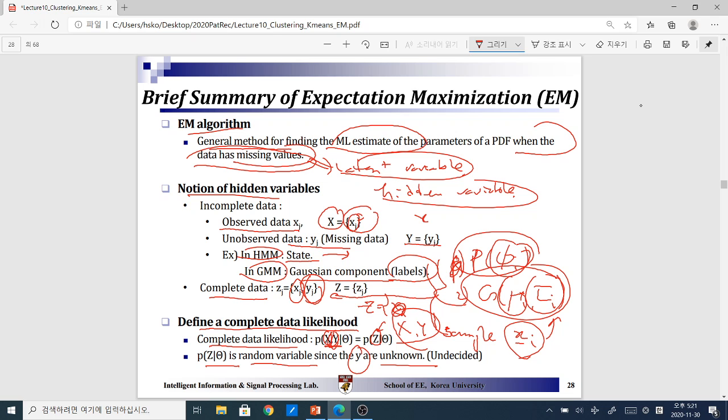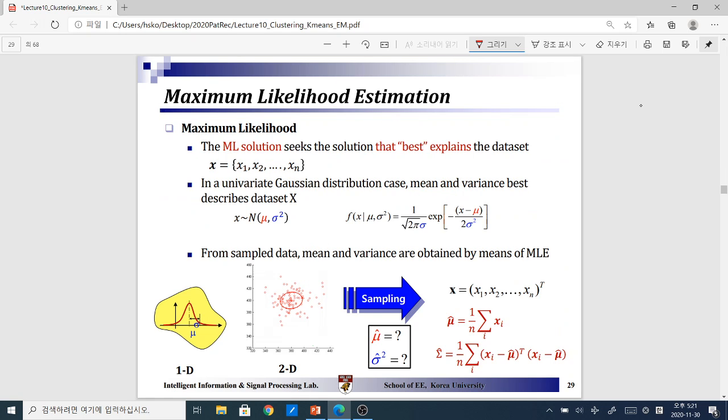That's exactly what we want to establish, which is going to be done by expectation maximization. So we're going to show you a couple of very simple examples of maximum likelihood estimation, as well as the case of the Gaussian mixture model, obtaining those parameters by means of the expectation maximization operation.